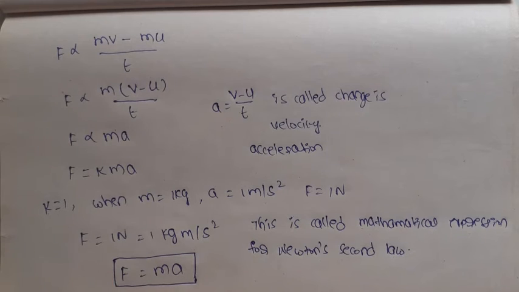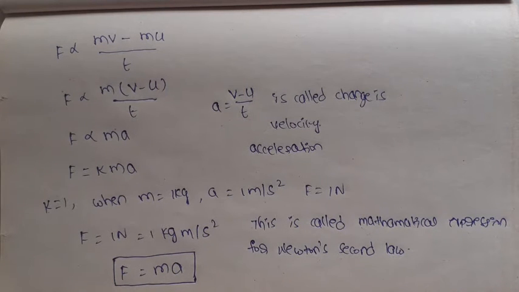Here mainly we are using the definition of momentum. So change in momentum is directly proportional to external force acting on a body. If you increase external force on a body, then momentum of the body also increases.